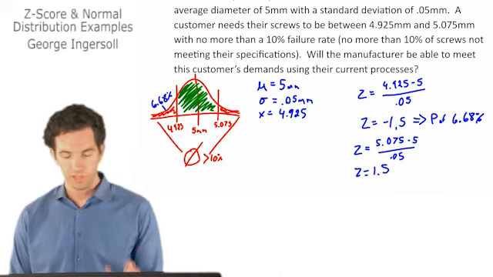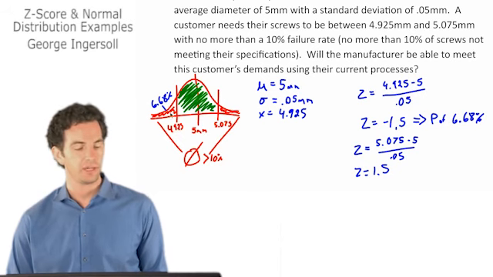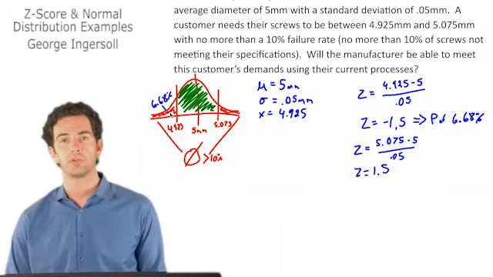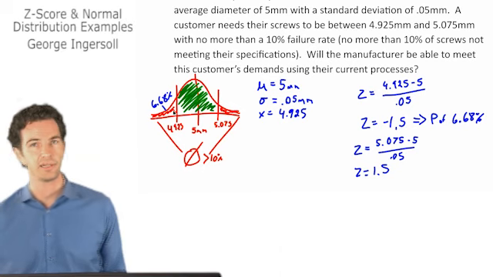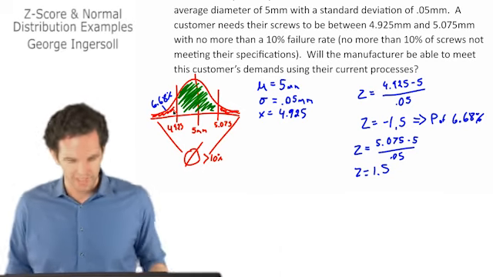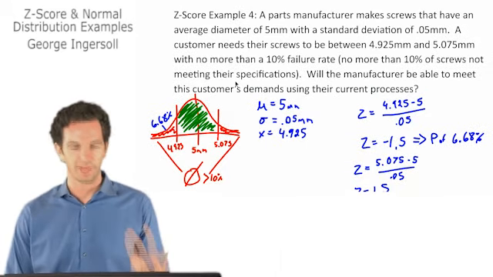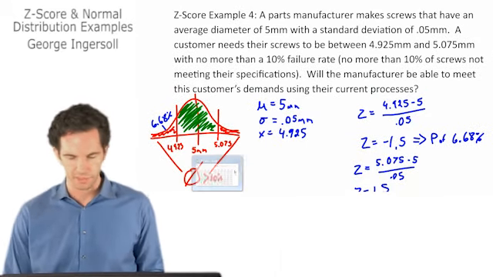Now, a z of 1.5 is going to have the same values greater than it as a z of negative 1.5 would have less than it. This is a really important principle of the normal distribution and z values. It's going to make your life a whole lot easier when you're using the normal table. Let's just verify that.